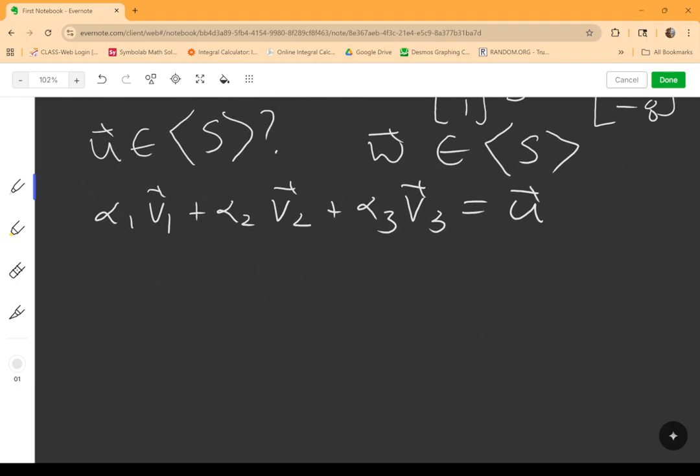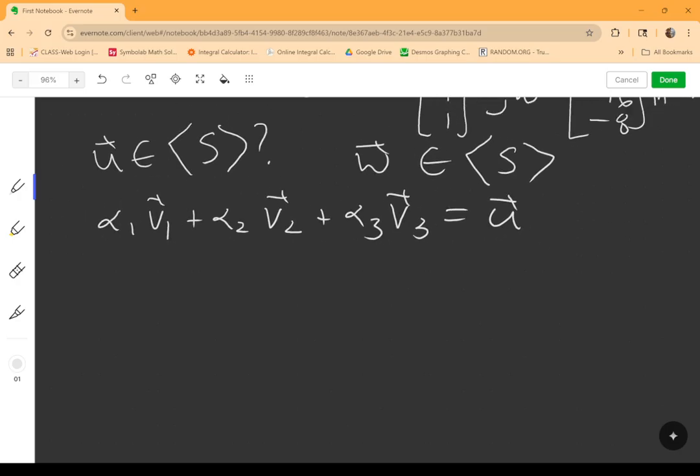Well, it turns out I can set this up as an augmented matrix, where the columns are the vectors. V1 is 1, 2, negative 1. The next column will be 3, negative 4, 2, and then 4, negative 2, 1.